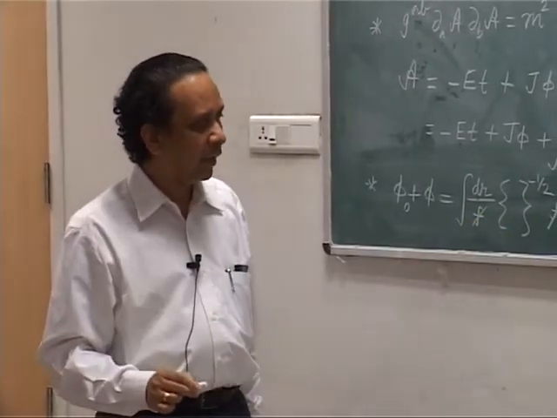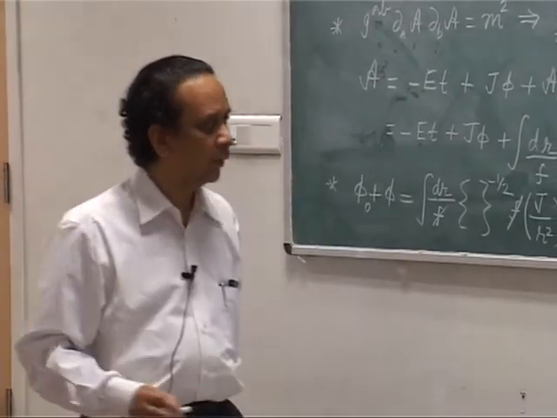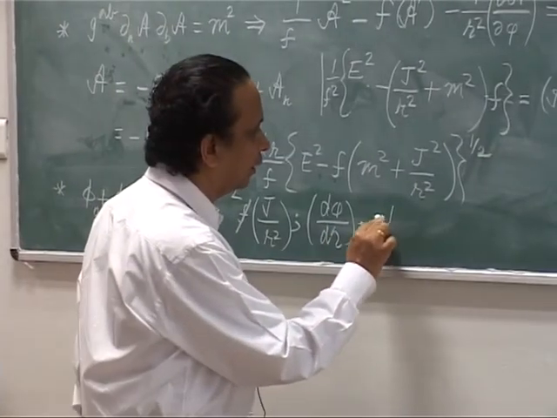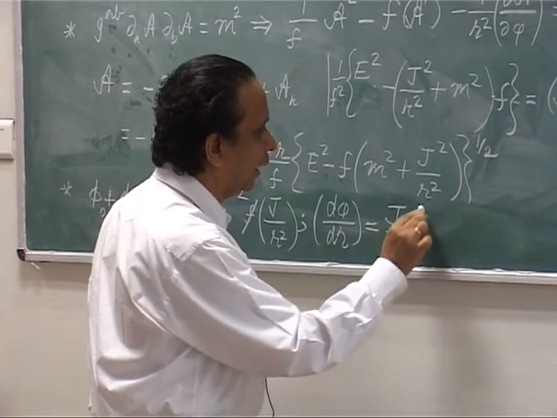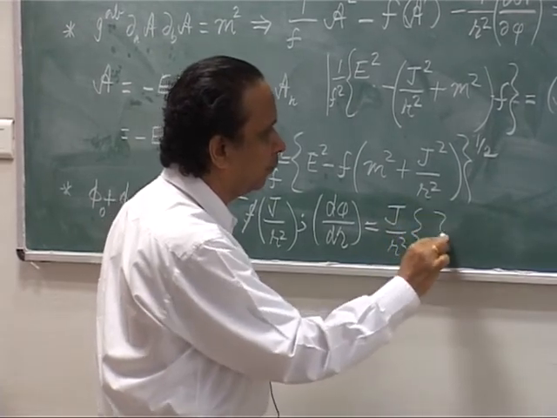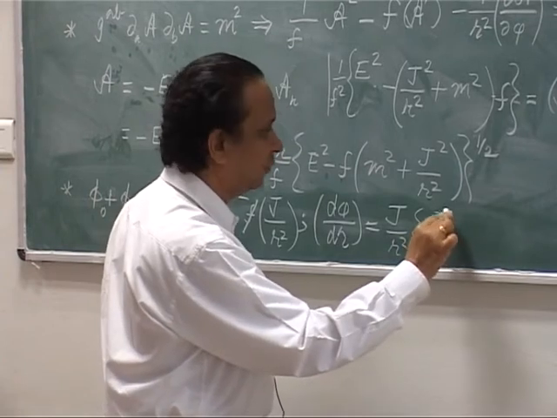So I have a j by r square coming from this. So it is j by r square and the curly bracket to the minus half.